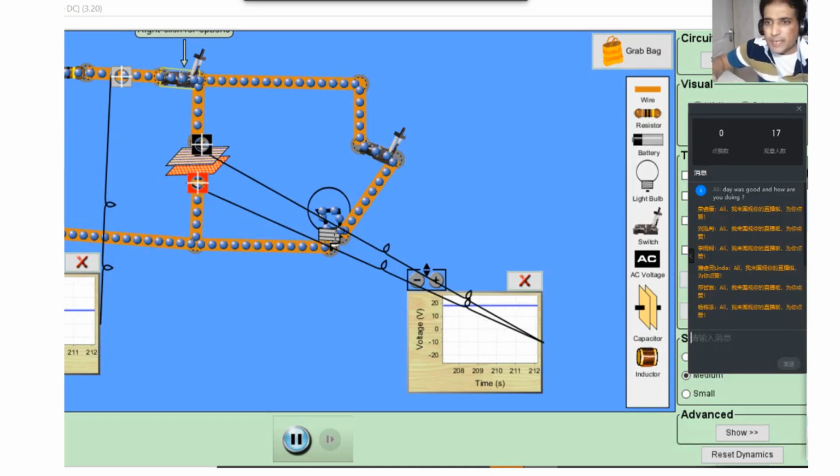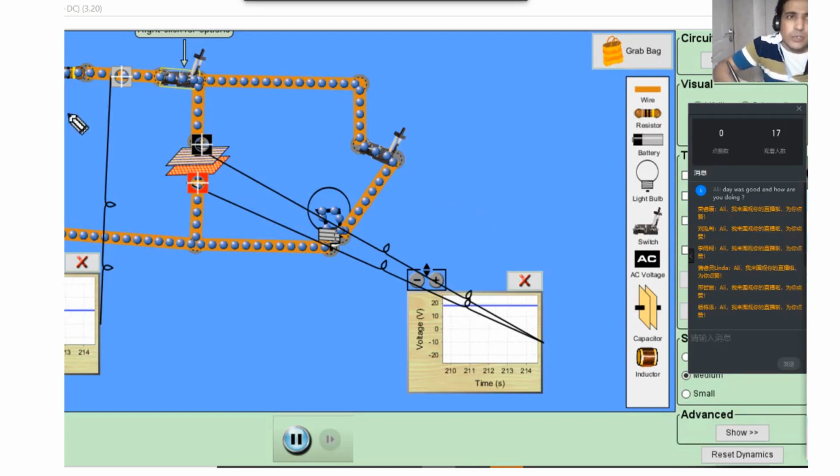So what I have in this circuit, you can see here we have a battery. This is the battery. This side is positive and this side is negative. And at this point we have one resistor.